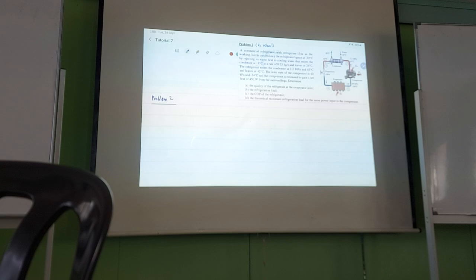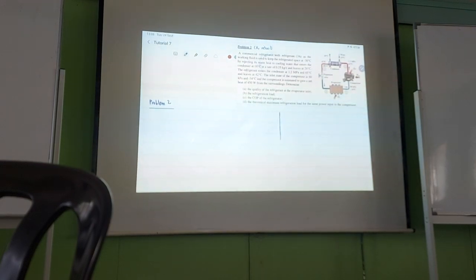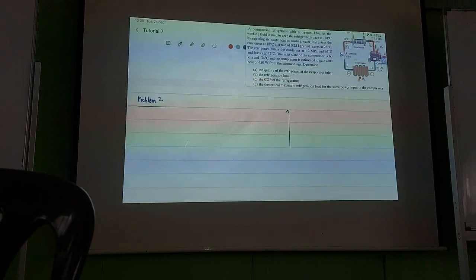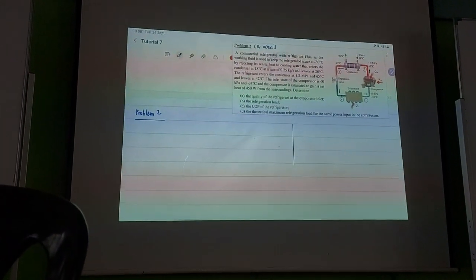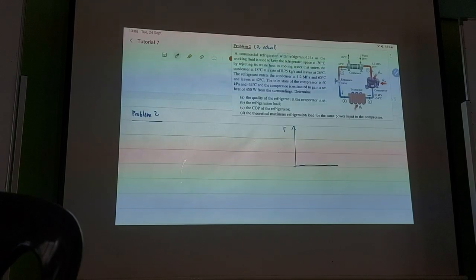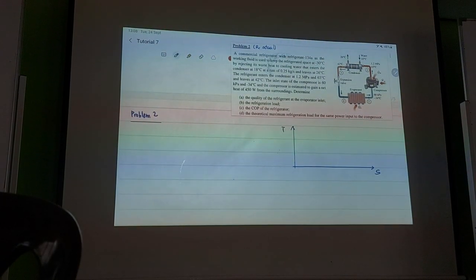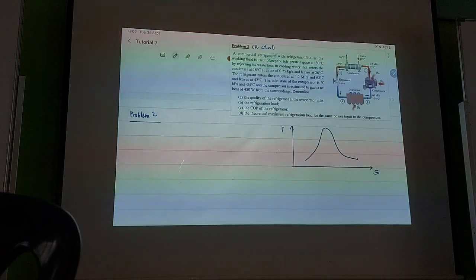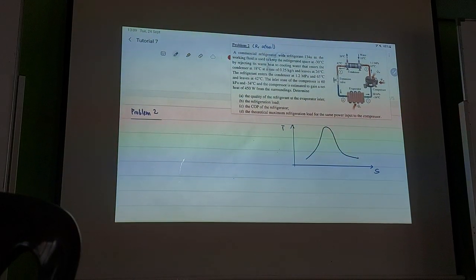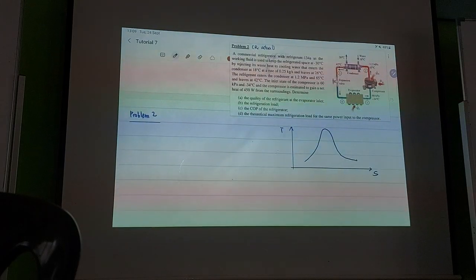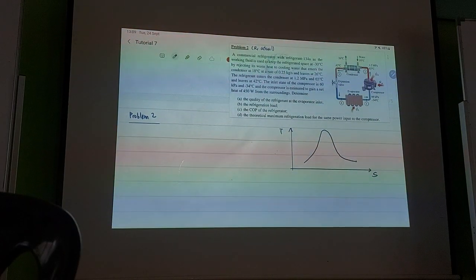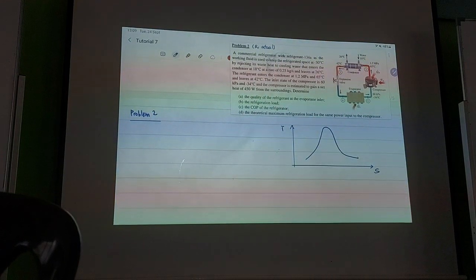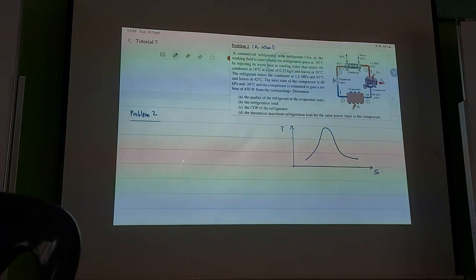So I will start by just sketching the TS diagram. This question doesn't really tell us exactly about the cycle, but it does give you all the information there.